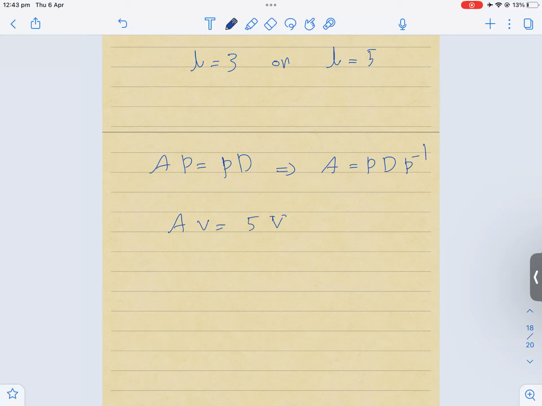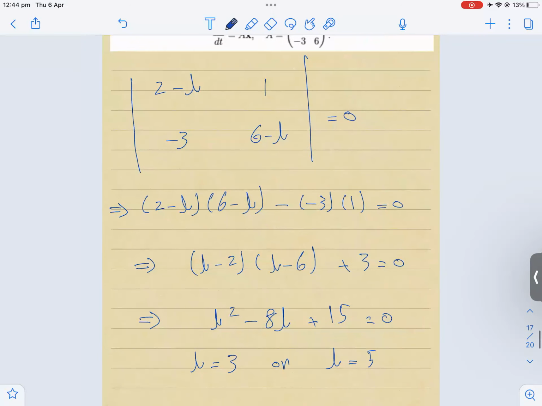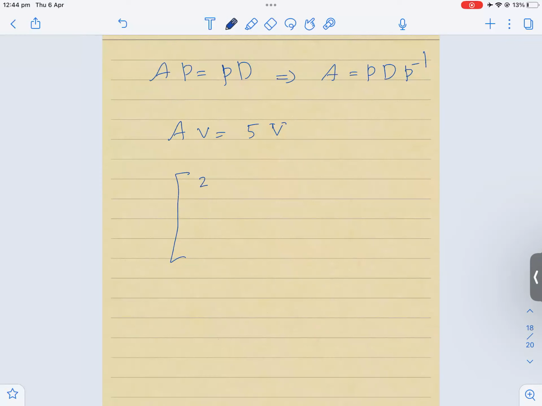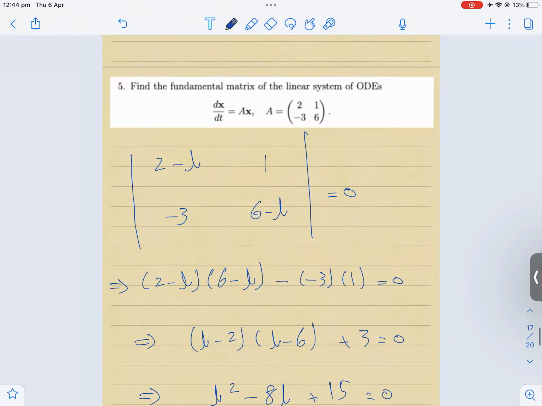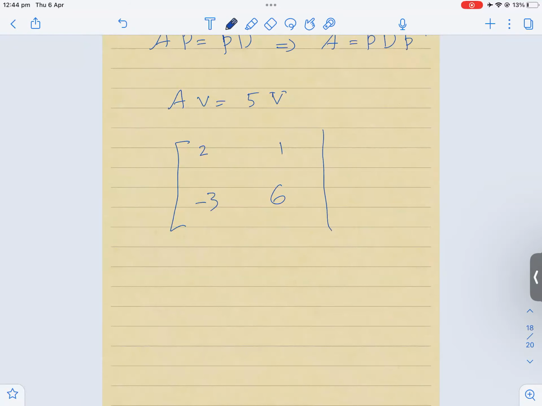So this will be, oh God, what's A? A is 2, 1, minus 3, 6. Times V1 1, V1 2 equals 5 times the same. So 5 comes to the left. Am I right? Yeah. Can I simplify this? This 1, minus 3, 1.